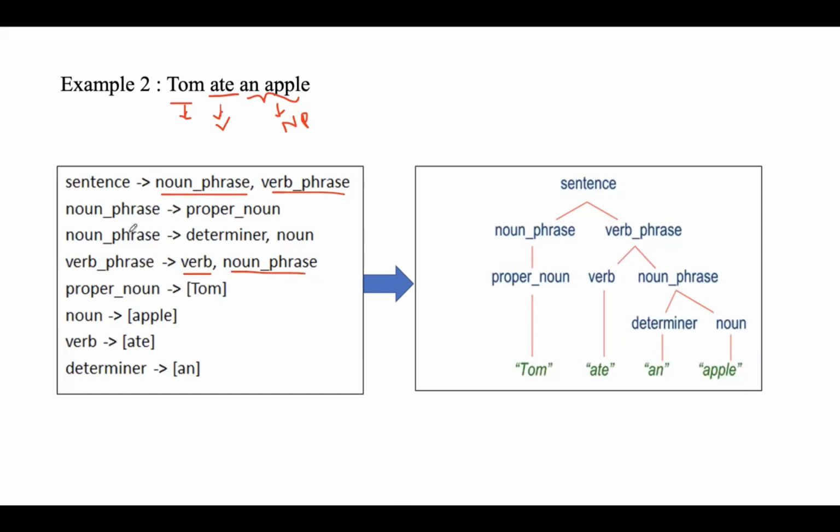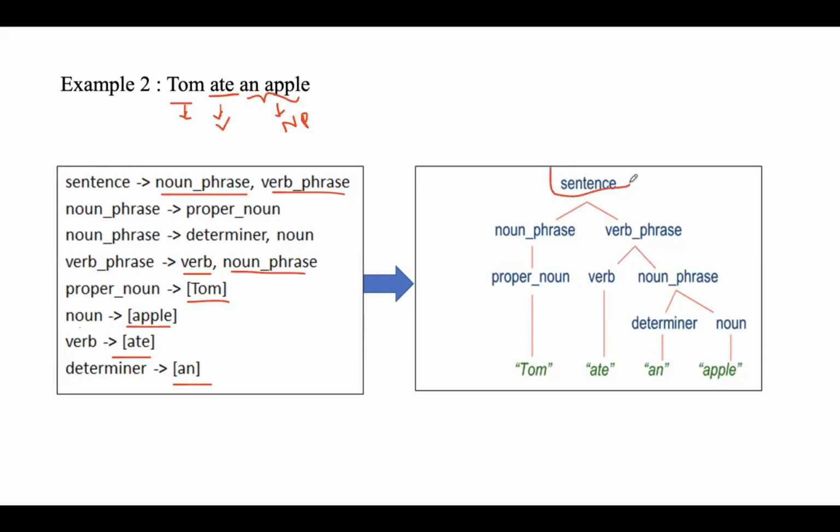Next, after getting these productions, you can assign these phrases to words. So proper noun derives Tom. Then noun means apple in this sentence. Verb is ate. Determiner is an.